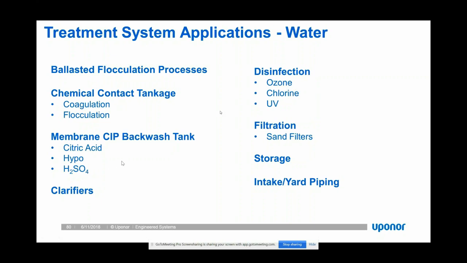We have membranes where you're going to need chemicals to backwash the membranes and clean the membrane: citric acid, hypochlorite, and sulfuric acid. Those are all very harsh environments where, again, HDPE is the best fit and will not be affected by those harsh environments. We can do clarifiers, small clarifiers with hopper bottoms.